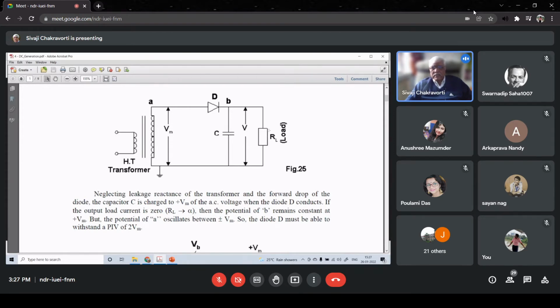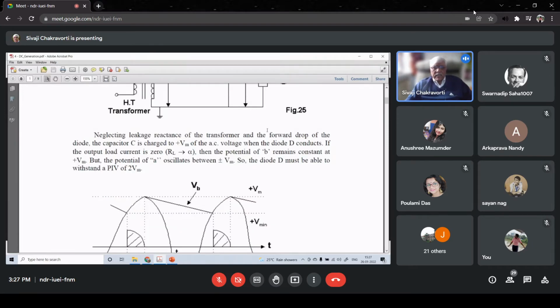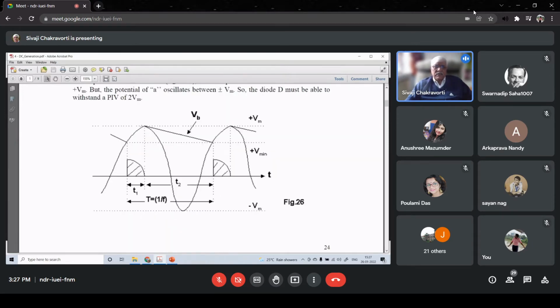It might be 100 seconds, whereas this half cycle of a 50 Hz is 20 millisecond. So with respect to 20 millisecond, it looks like almost a straight line instead of an exponential curve. So it goes dropping, dropping, dropping.